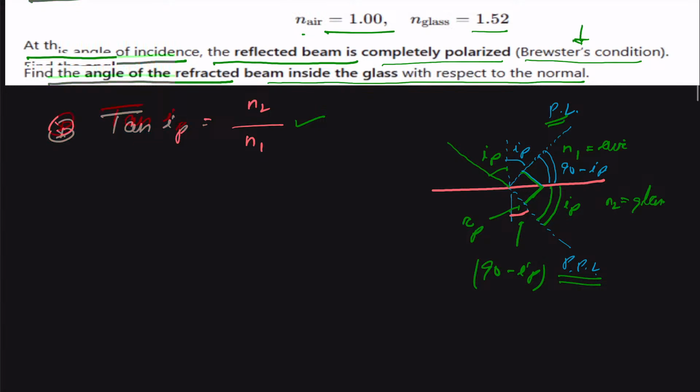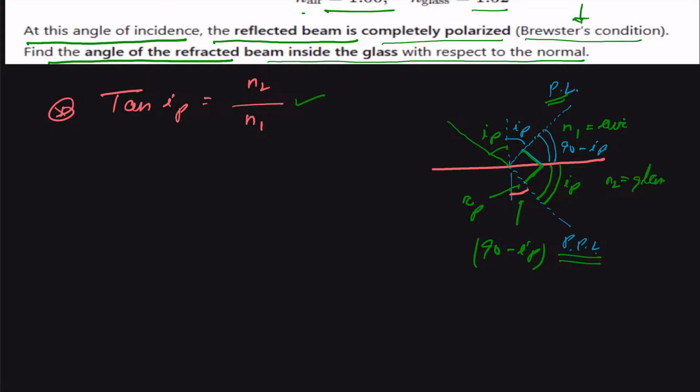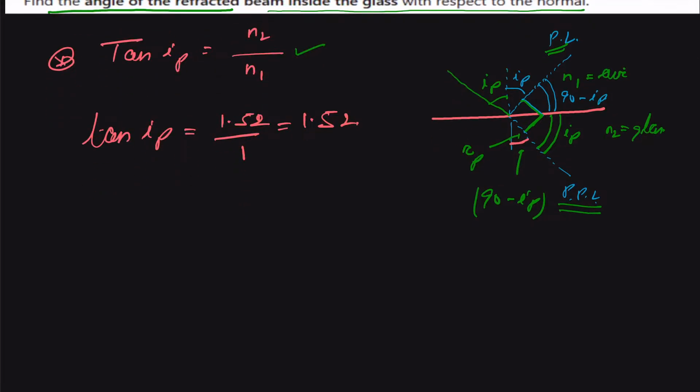If you substitute the values of N1 and N2, we can write that tangent of IP will be equal to 1.52 upon 1, which comes as 1.52. So the angle IP will be equal to tangent inverse of 1.52, and this comes approximately equal to 57.3 degrees.